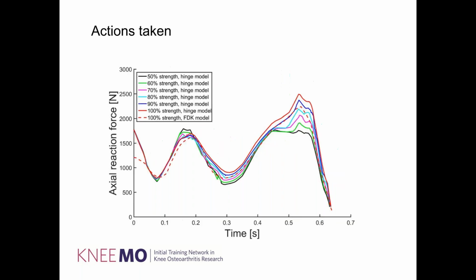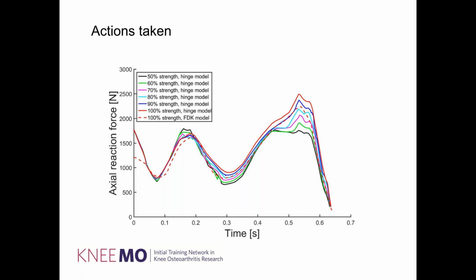And we also studied the extensor strength, and please bear in mind that this was done with the hinge model, because it's a lot more difficult to vary the extensor strength when you have this complex knee joint that moves around and is constrained only by the ligaments. It's a lot trickier to vary the strength of the muscles.